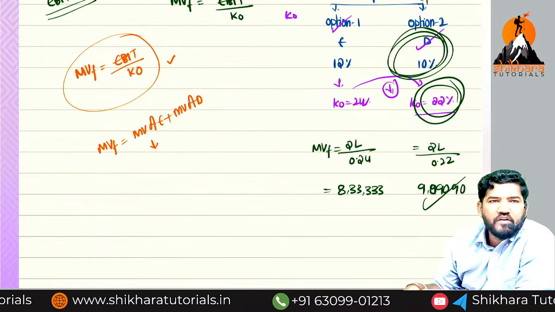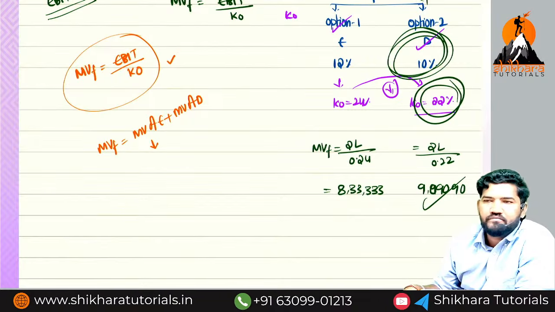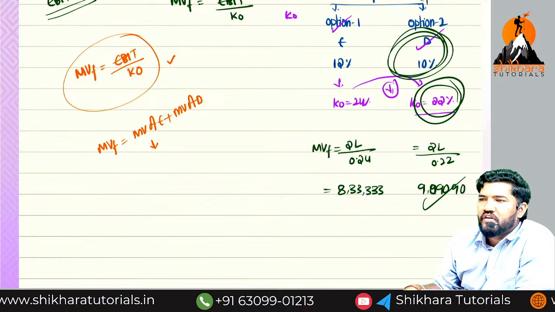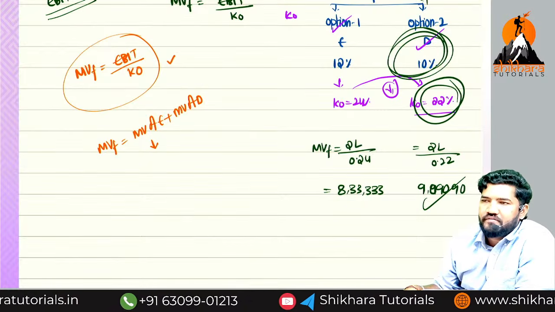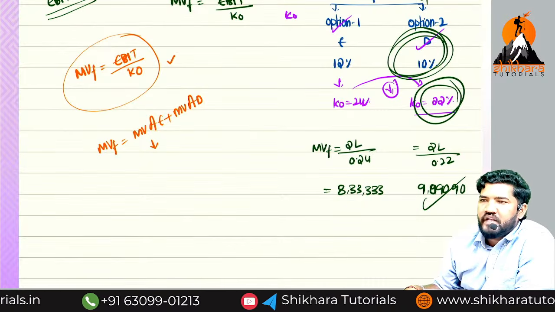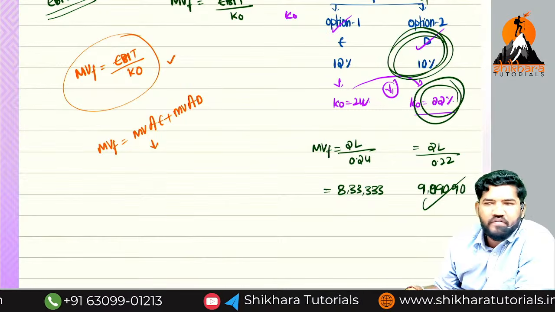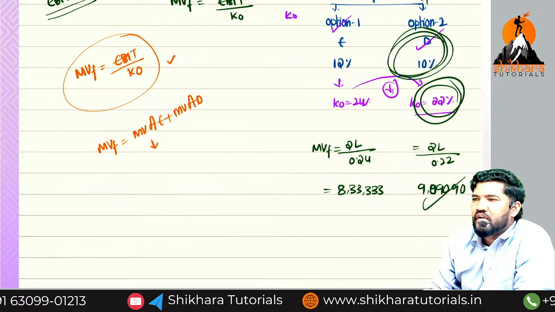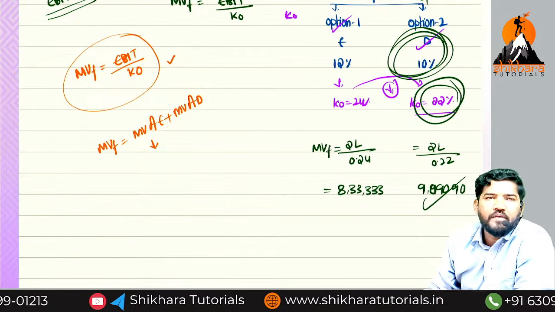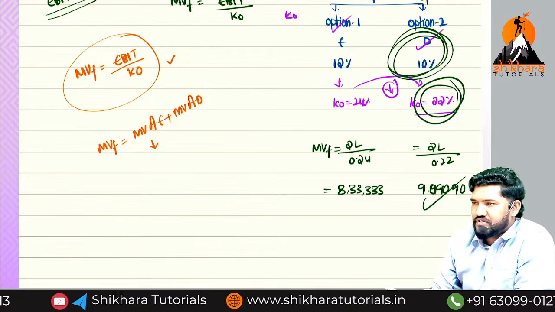EBT is also known as taxable profit. EBT is known as what? Taxable profit. EAT is known as net profit. That is very, very important. EAT is net profit here. Okay. EAESH is known as equity profits or equity shareholders' profits.